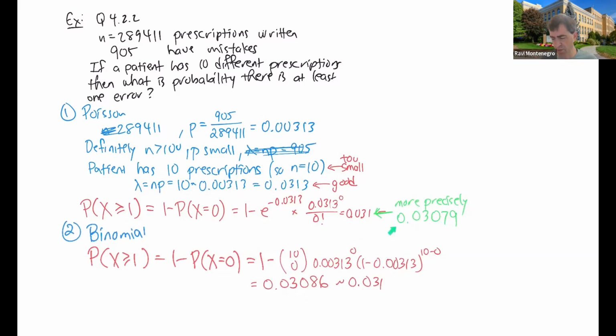So these two answers are quite close. That shows us that even though our sample size n was pretty small, the value of lambda was so small that it managed to make up for it. So about a 3% chance that our patient has an error. Are there any questions about this?